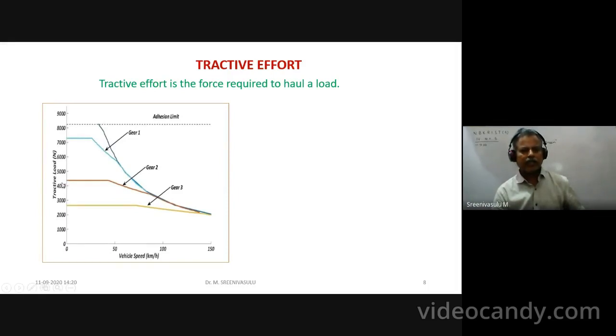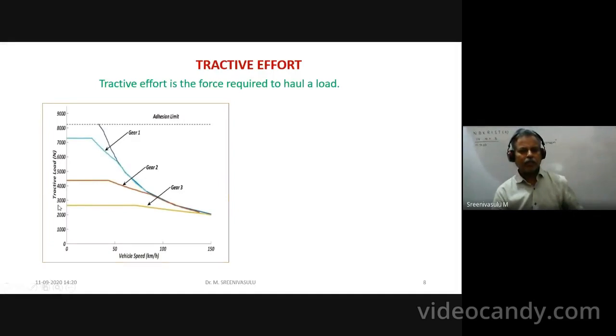Gear 1 is capable of handling tractive efforts close to 7,250 for this type of vehicle. Gear 2 is definitely not possible to raise its effort up to that, but it can bear tractive efforts up to 4,250 units. Gear 3 can hardly handle close to 2,700 units.